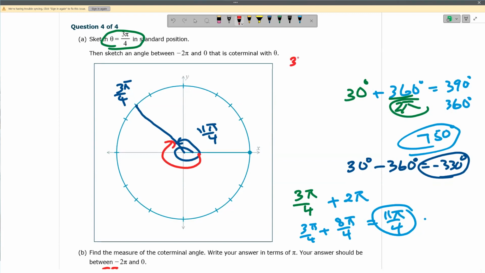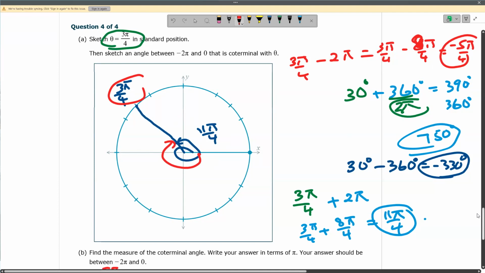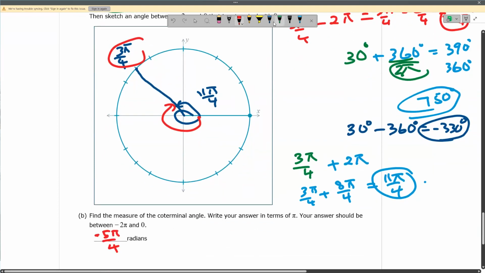All you need to do is take 3 pi over 4 and subtract 2 pi, that is, 3 pi over 4 minus 8 pi over 4. That gives you negative 5 pi over 4, which is what I gave you earlier as the answer. You see down here, that's negative 5 pi over 4.